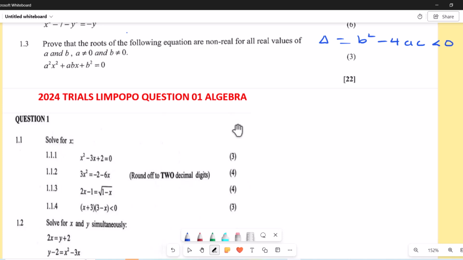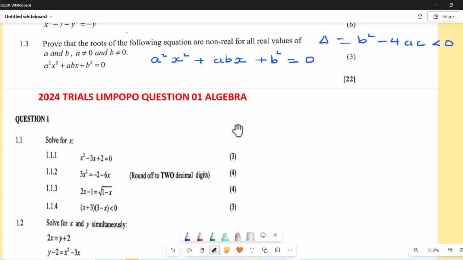So we are going to use this to find out if this condition is possible. If this condition is possible, then the roots will be non-real. In this case we have a squared x squared plus abx plus b squared equals 0.